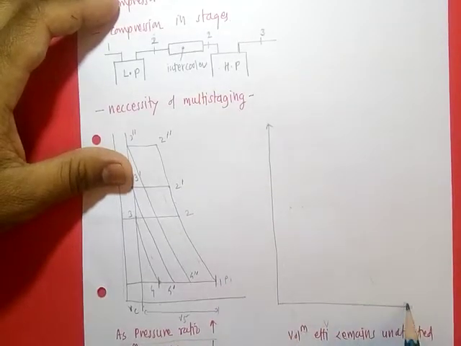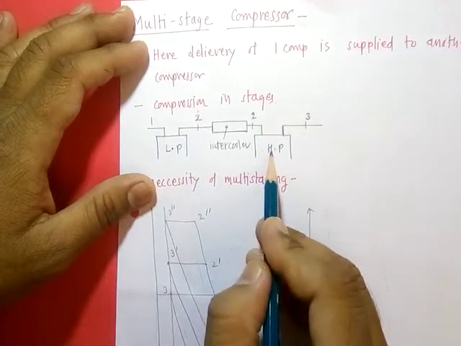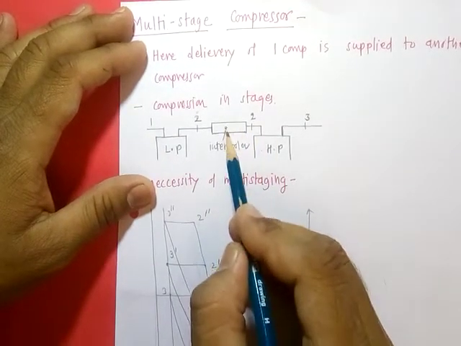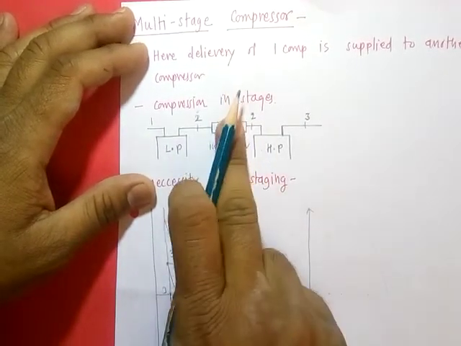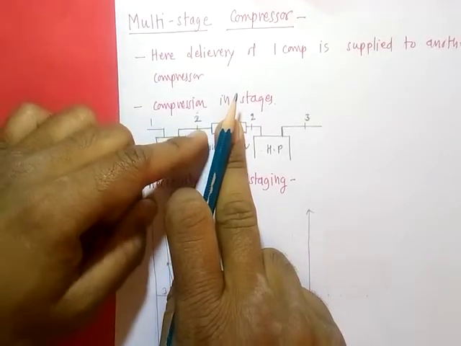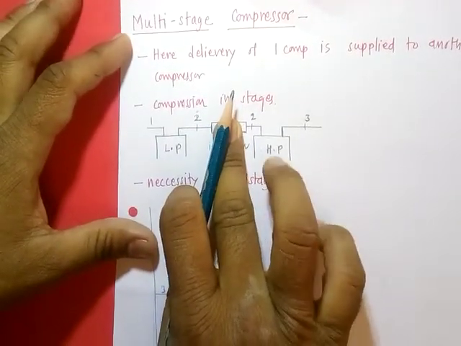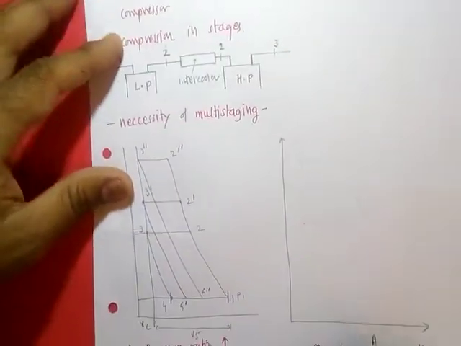In multi-staging, as we have discussed, there are a low pressure compressor and a high pressure compressor. Here let's forget the intercooler and consider only the low pressure compressor, then delivery to the high pressure compressor. We are not considering the intercooling effect at this stage.